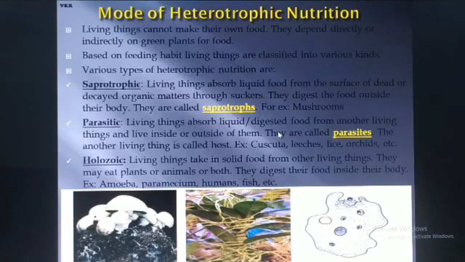So living things which cannot make their own food are called heterotrophic animals, and they depend directly or indirectly on green plants for food. Based on the feeding habit, living things are classified into various kinds.